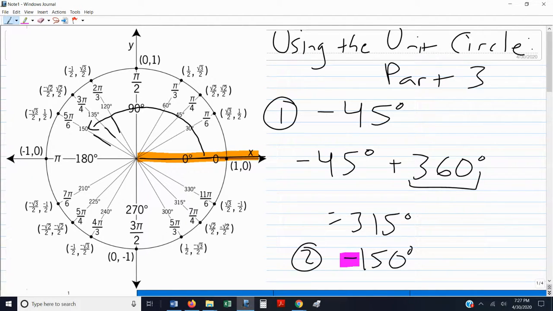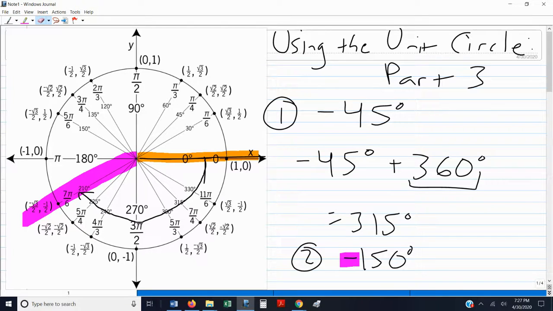So you would just have to do that same thing, but in the opposite direction. So go through the first quadrant, and then go to the first, second, third branch of the next quadrant. And here's where you would be. So 150 in the positive direction is 150, but in the negative direction would be right here, what is highlighted in magenta. So that's one way if you like that approach.